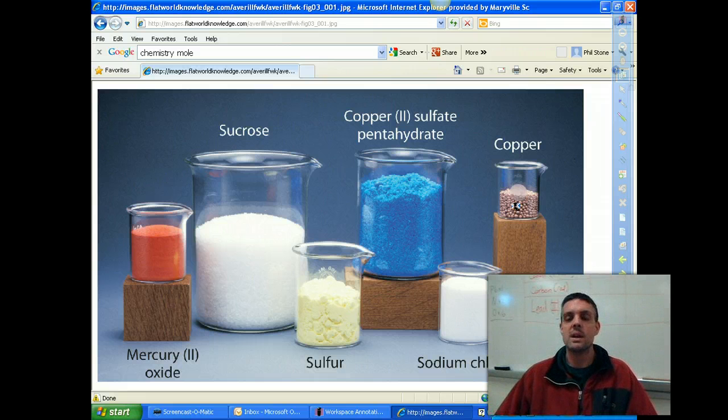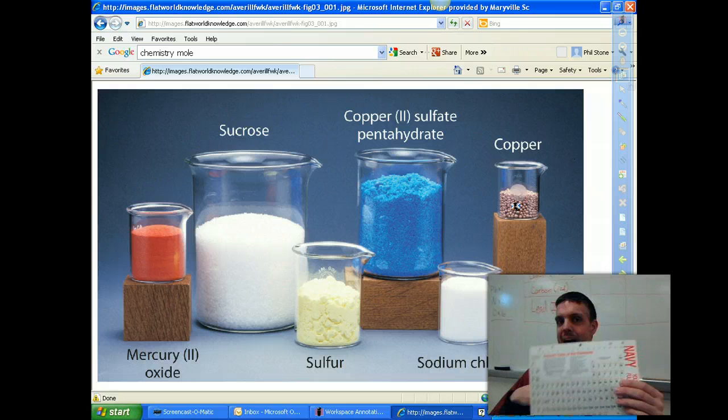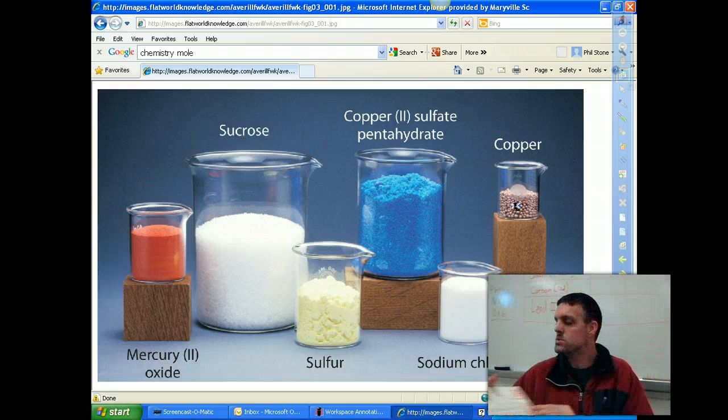You express the atomic mass in grams, and when you do that, you know you have a mole of that substance. A mole of copper is trillions upon trillions of those atoms, approximately 6.02 times 10 to the 23rd atoms.